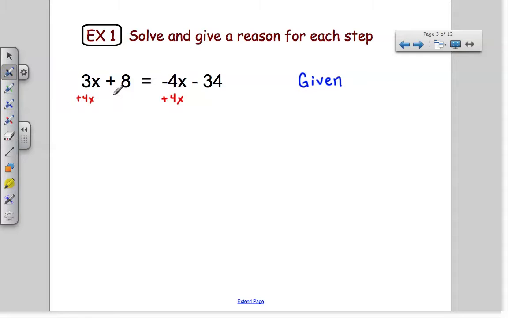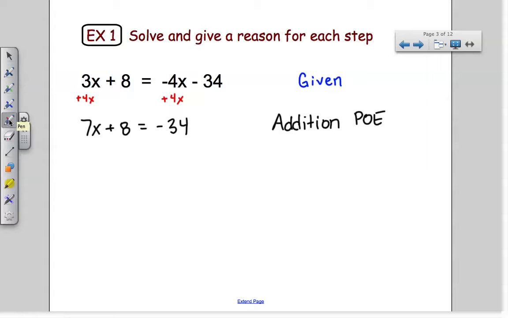Now my next step ends up being, well, 3x plus 4x is 7x plus 8 equals, and negative 4x plus 4x canceled equals negative 34. But I have to give a reason for what I just did. How did I know I could add 4x to both sides? Well, I know I can add 4x to both sides by addition property of equality. I added the same thing to both sides. That's addition PO.